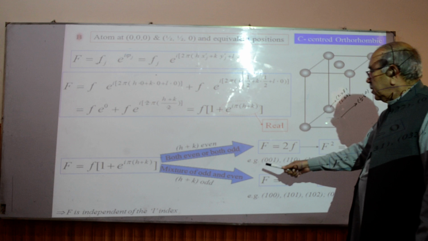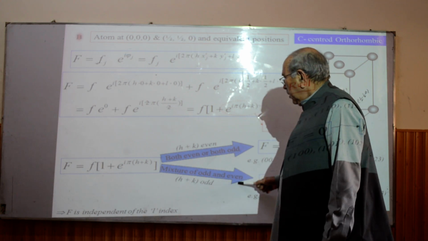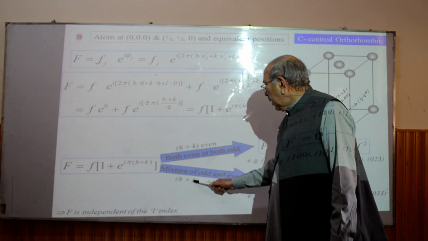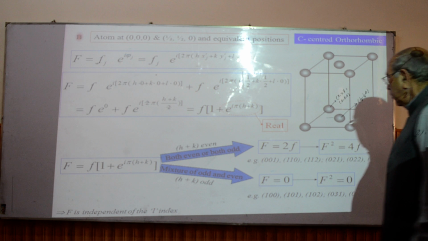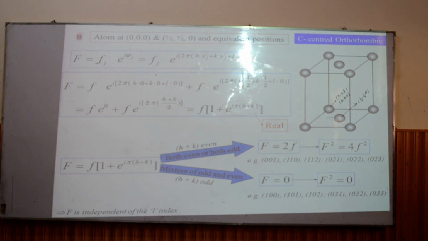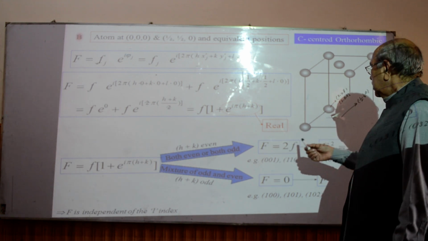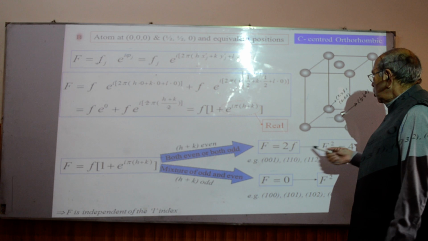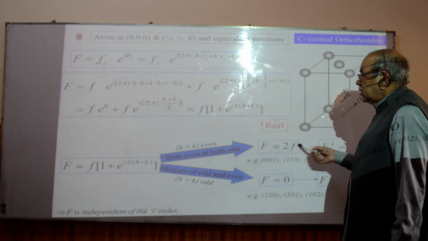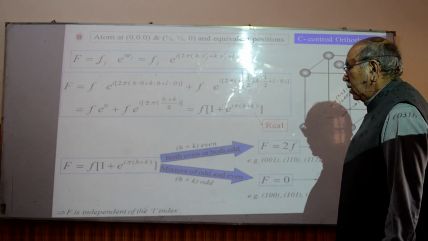Such planes in which h plus k is odd will not show any diffraction in the diffraction pattern. Such planes in which h plus k is even will show the intensity in the diffraction pattern.